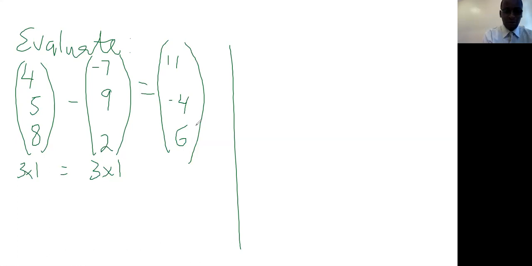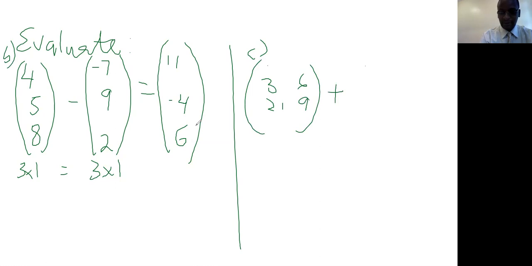Can we be able to add these matrices? This is the third example. Can we evaluate this plus negative 7, 9? Is it possible? Can you add those matrices? The answer is no, because they are not of the same order.